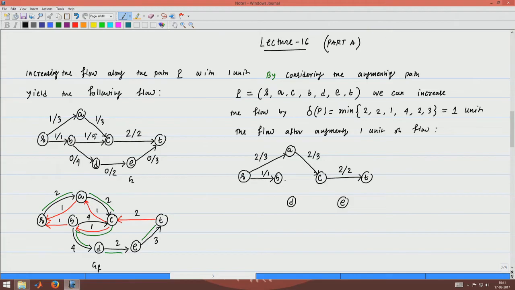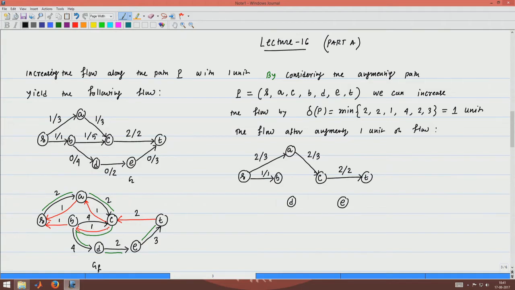Now, the change, this is a very important step. Here we have used a backward edge C B, which is in red color, and the capacity of this backward edge is 1.